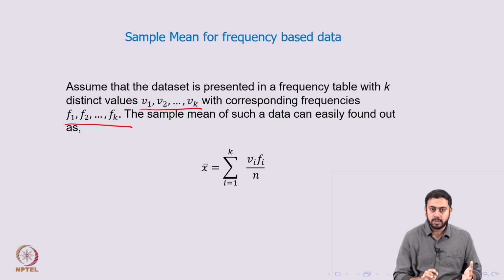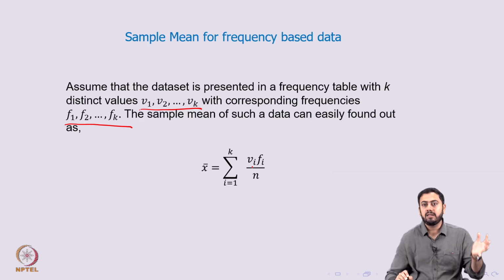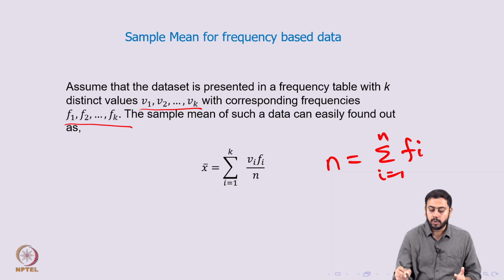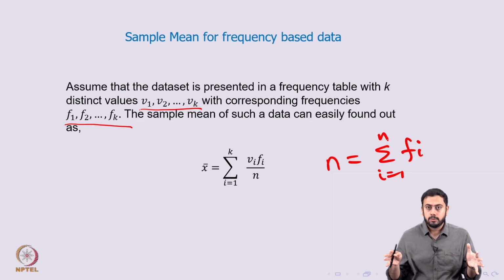You have a simple formula to do it. The sample mean in this case is summation Vi into Fi, so you multiply the observations and the corresponding frequencies, divided by n, where n is the sample size. In this case n is nothing but summation Fi, i going from 1 to k. If you do not know what n is right in the beginning, you can add all the frequencies, and the summation of all the Fi values is the sample size.